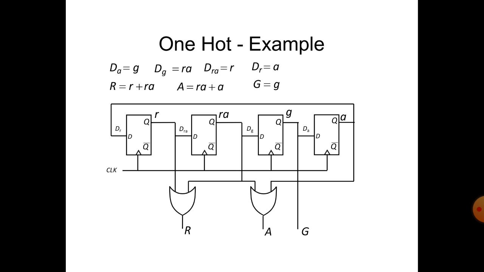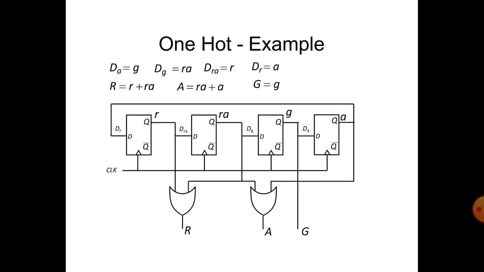This circuit diagram shows the one-hot example for the traffic signals. In the previous slide we discussed DA equal to G, DG equal to RA, DRA equal to R, and DR equal to A. Here we perform the ORing operation and get R equals R plus RA, A equals RA plus A, and G equals G. We have 4 D flip-flops.